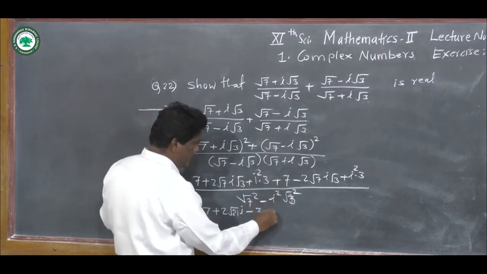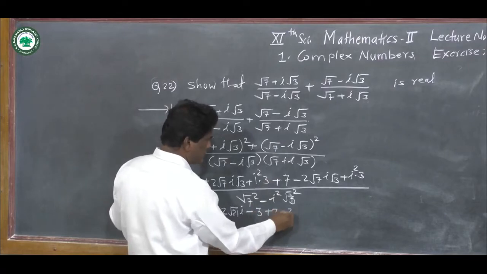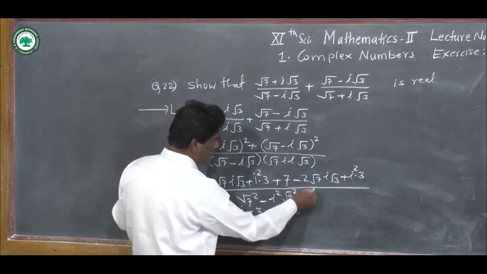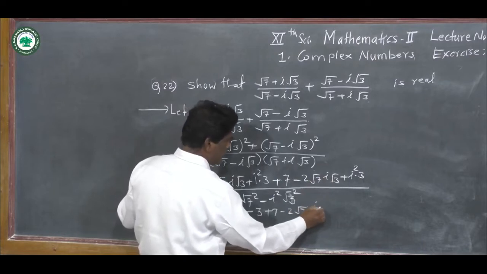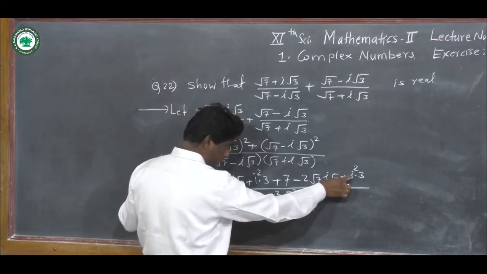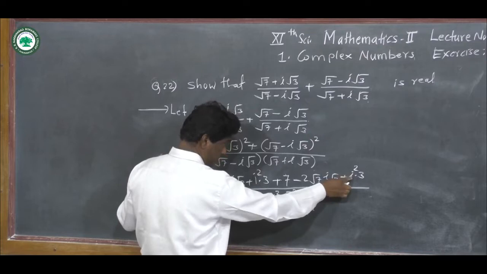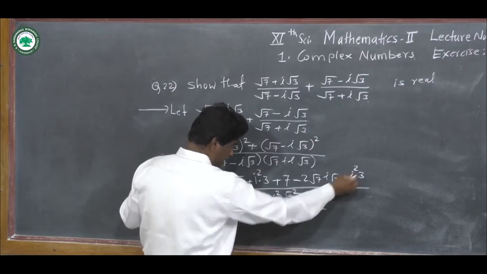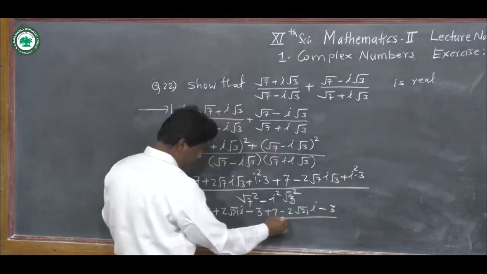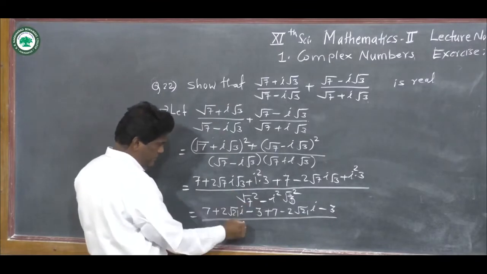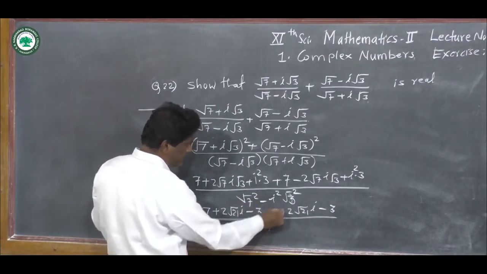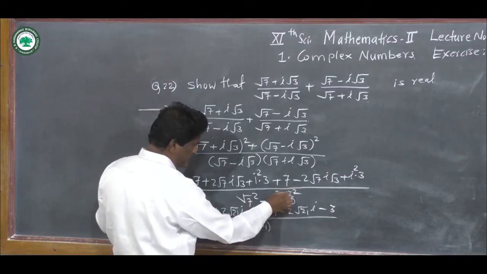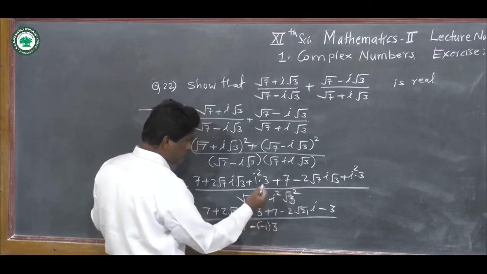Then here plus 7, then minus 2 √21 into i, and plus, here this i square is minus 1, so plus minus minus, and this 3, divided by this √7 square means 7, here minus i square is minus 1 and √3 square means square root and square get cancelled, here 3.